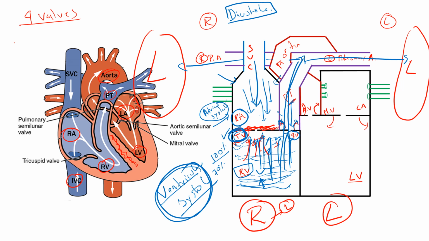During ventricular systole, when the heart is contracting, the tricuspid valve needs to be closed to prevent backflow, and the pulmonic valve needs to be open to allow the blood to flow towards the area that we actually want, which is the lungs, right? So there the blood goes to the lungs, right?